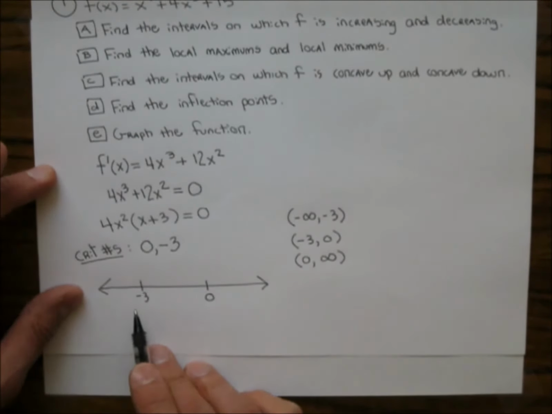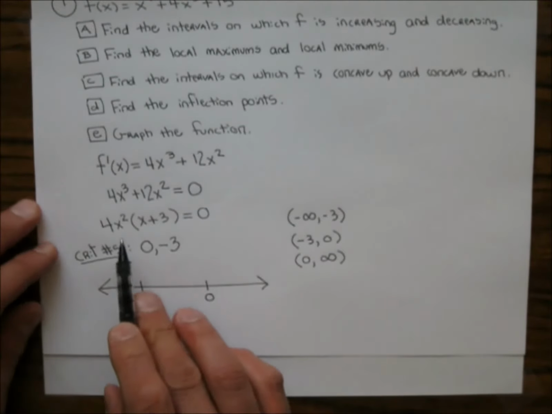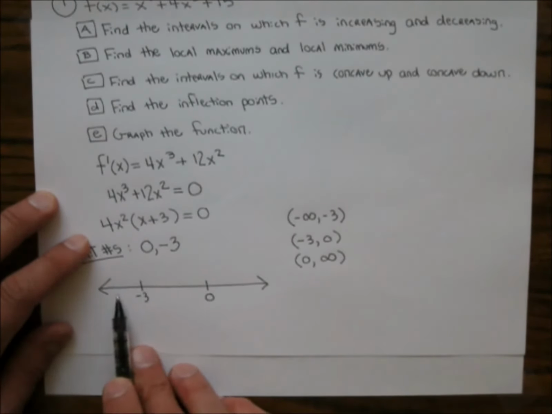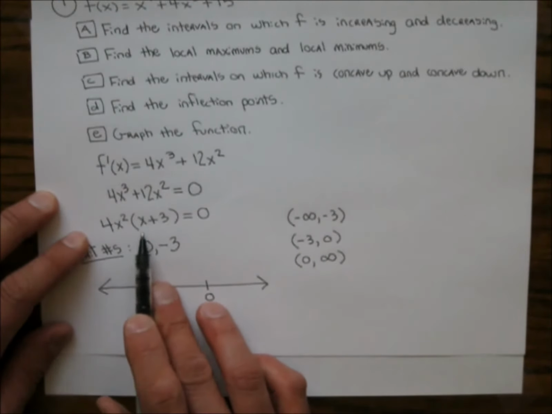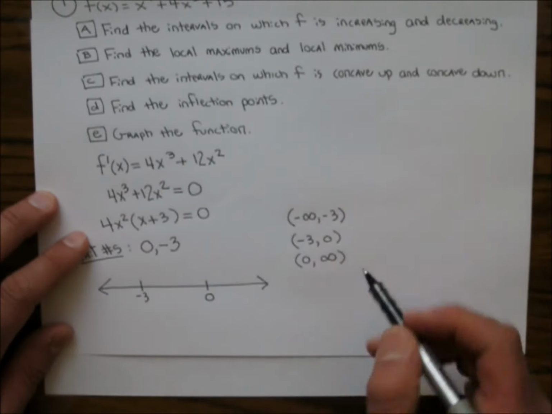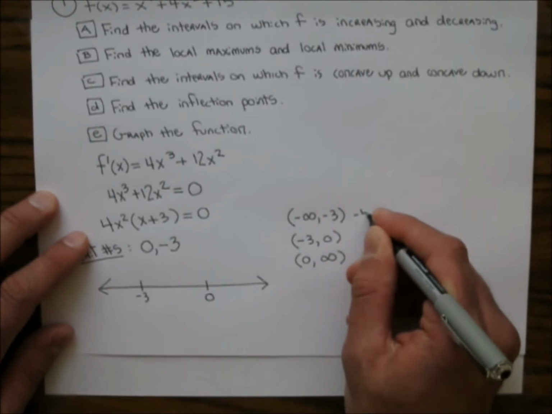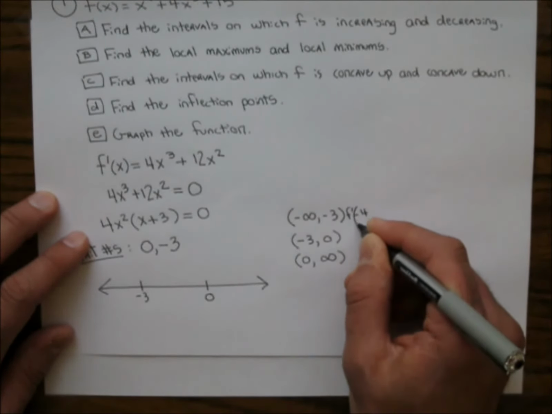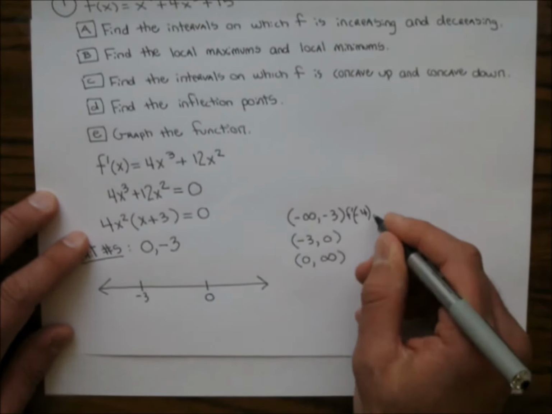This right here is my function. I'm going to go ahead and put a number in this interval into this derivative. And so a number that's in here would probably be like maybe -4. So we'll put -4 in there. So what I'm really doing is f prime of -4.